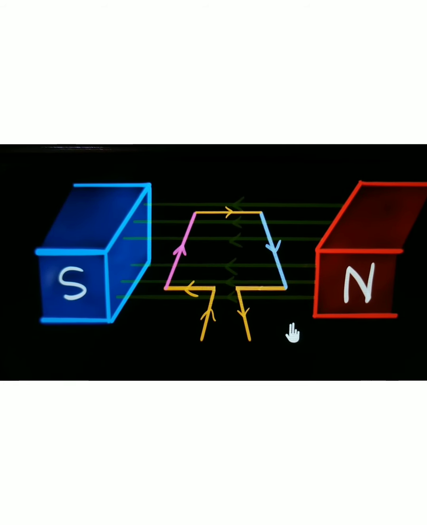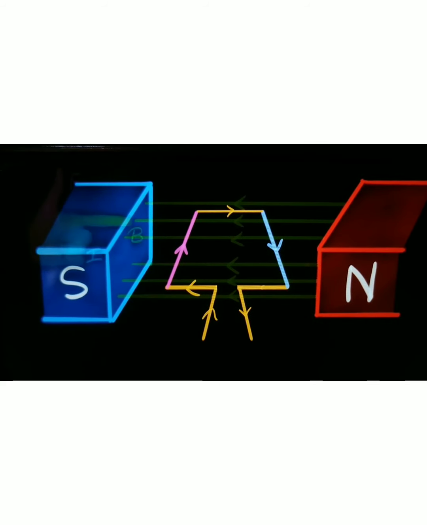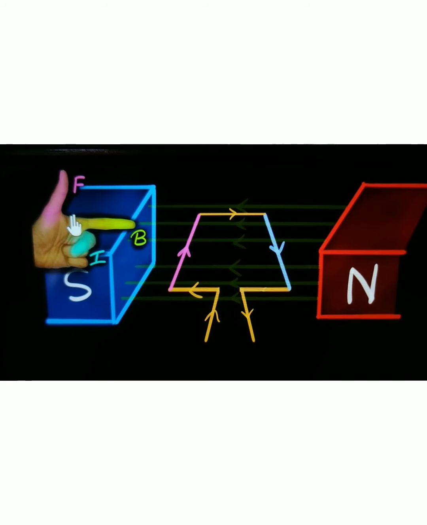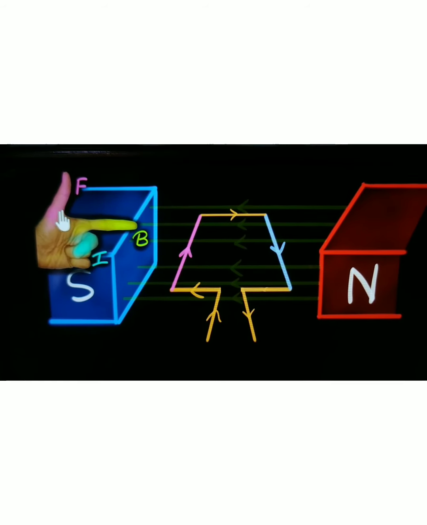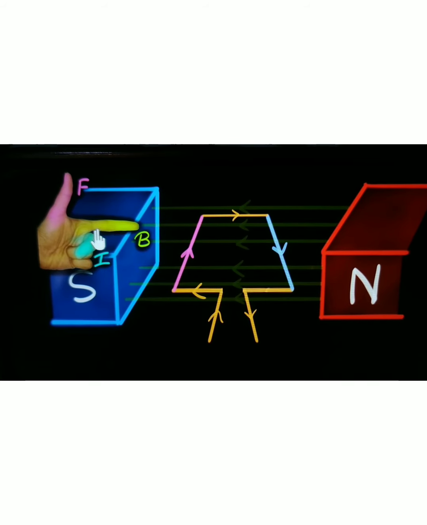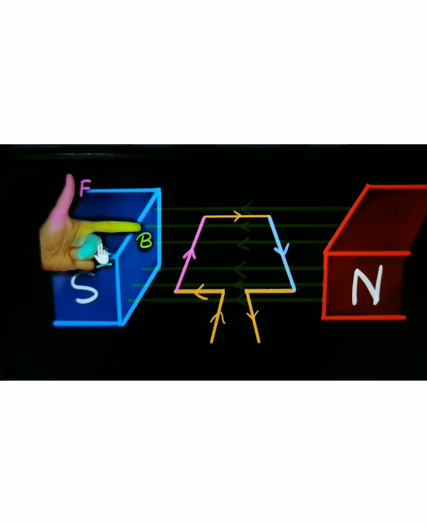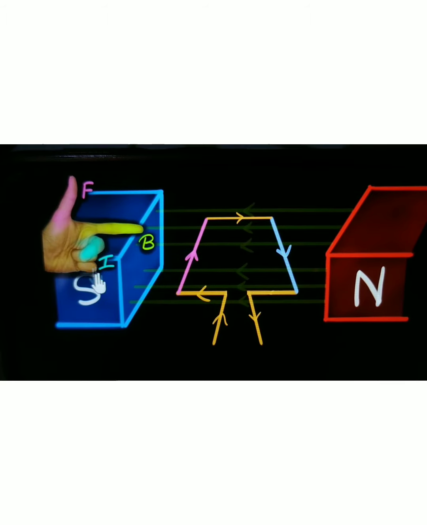To do that, we can use the left hand rule, where you take your left hand and stretch your fingers like this, and remember FBI: the thumb gives the direction of the force, the forefinger gives the magnetic field, and the middle finger gives the direction of the current.